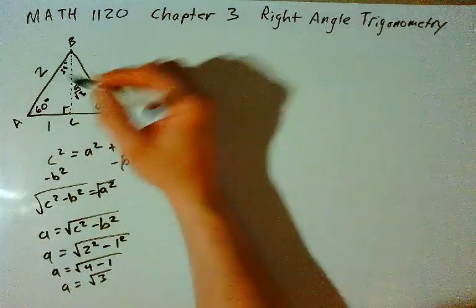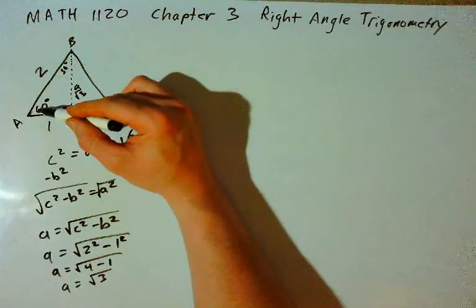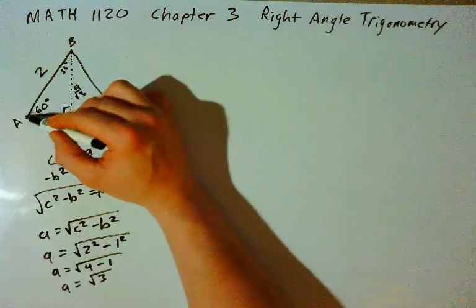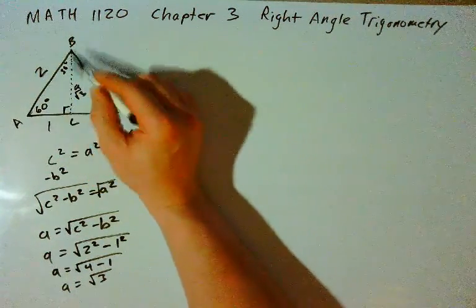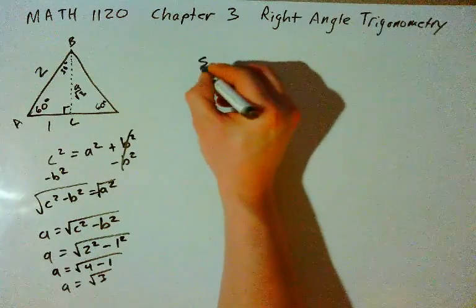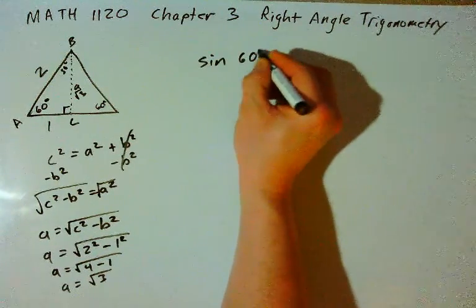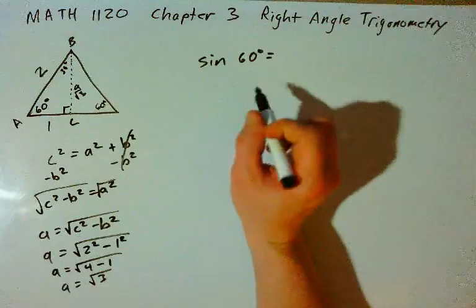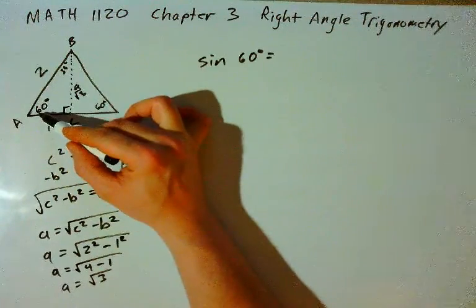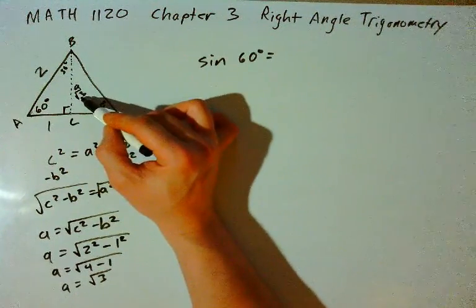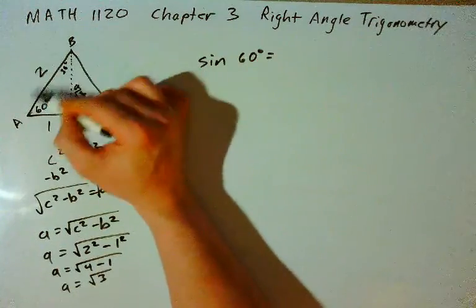And so now we can look at the angles. We know that the angles are 60 and 30 degrees, and we know the lengths of the three sides of this triangle. And so we can find the sine of 60 degrees in an exact form. So the sine of 60 degrees is going to be the length of the opposite side divided by the length of the hypotenuse, right?